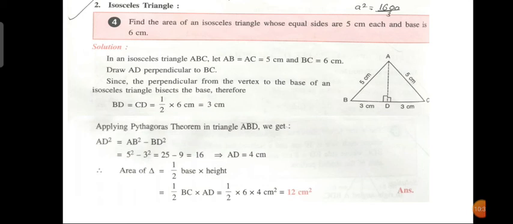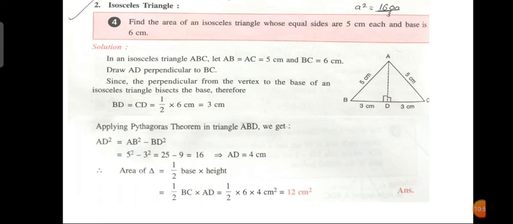You draw a perpendicular AD to BC. So you get BD equal to DC equal to 6 by 2, that is half of BC, so it's 3 centimeter.